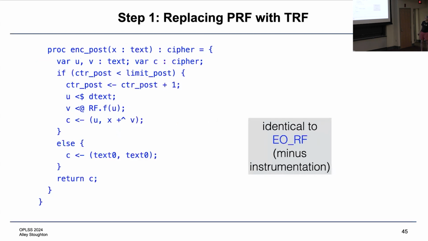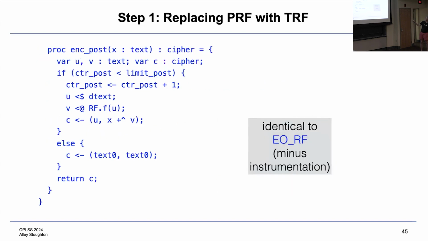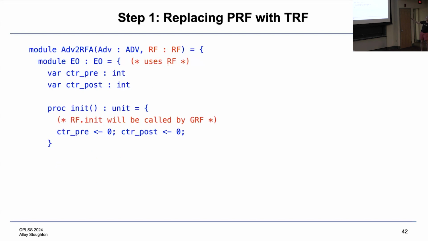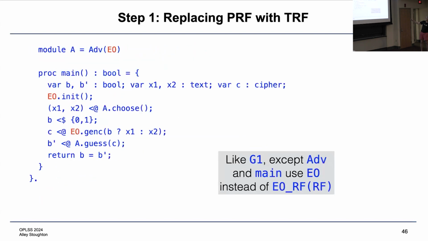And then the main procedure does what G1 does, except now it's using this locally defined encryption oracle, EO here.